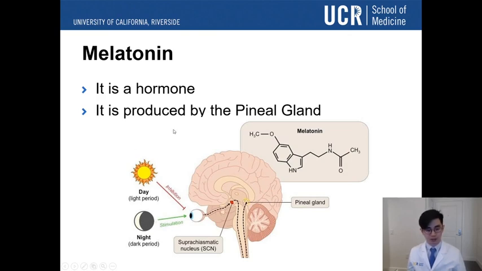When the nighttime happens and there is no light, it stimulates the suprachiasmatic nucleus, which signals the pineal gland to produce more melatonin. During the daytime or when there is light, this whole process is inhibited. So therefore, no natural melatonin is produced during the daytime, only at night.